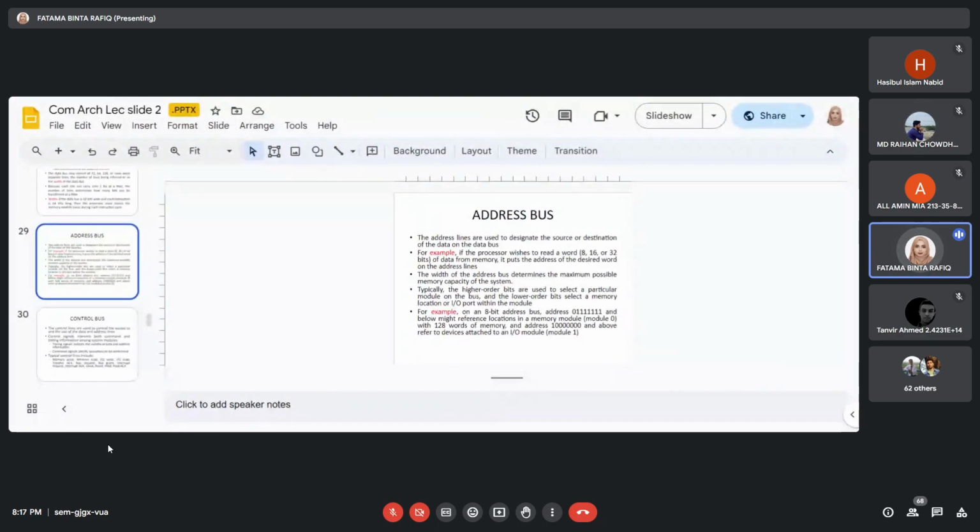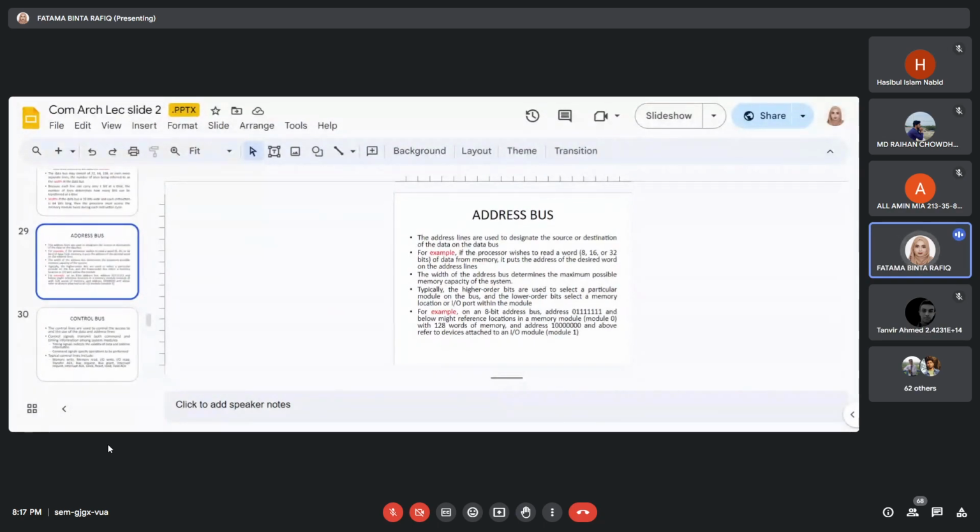And what is the data bus? What is inside that address, that is the data, right? So in the data bus, the actual data will be carried. And what is the control bus? To poke or to notify every component, that is the control bus. That means the control unit can ask the input processor to take the input.